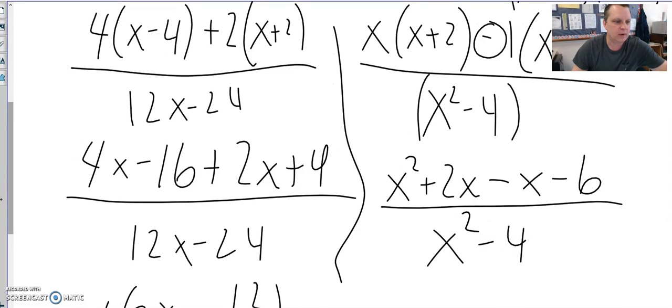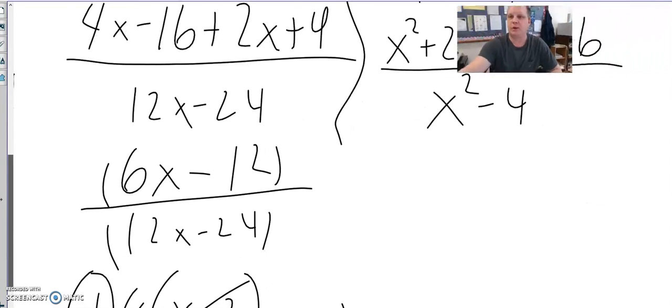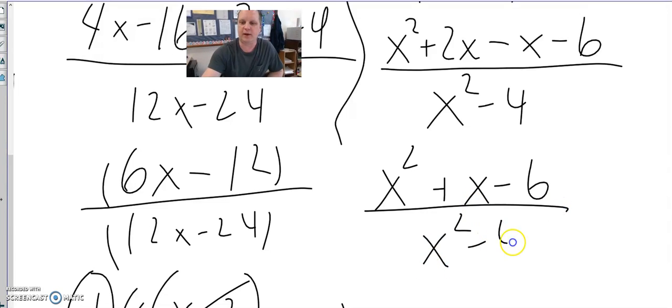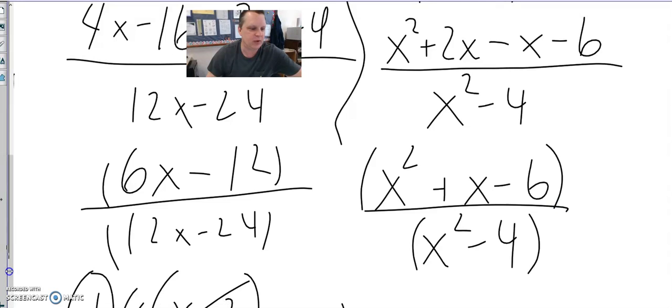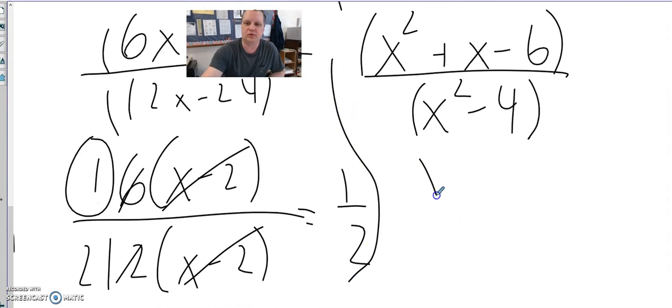Keep going. You want to combine that numerator. So we have x squared plus x minus 6 all over x squared minus 4. I only got to keep writing it down. On the Regents exam, you only have probably one of these to do. So then it factors to x and x.